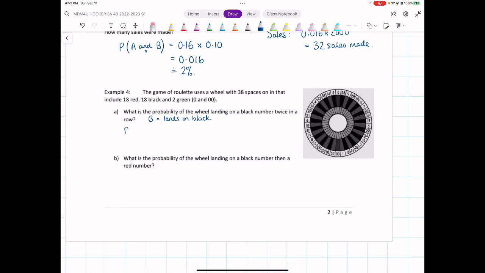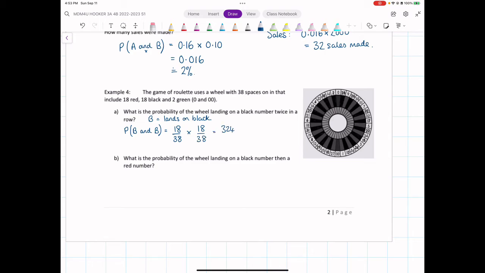So the probability of a B followed by a B will be what? Well, for the first event, there are 18 blacks out of 38 spaces. And for the second event of it landing on a black again, well, it's the same wheel. It hasn't changed. So it'd still be 18 out of 38.